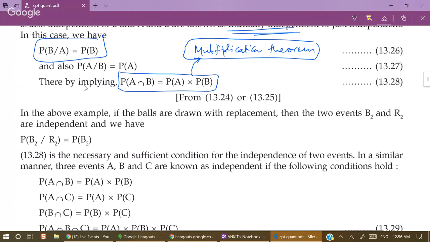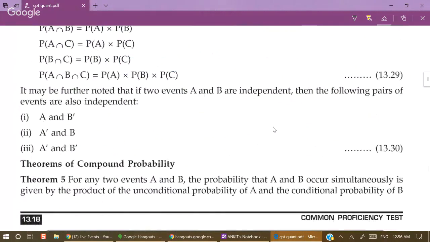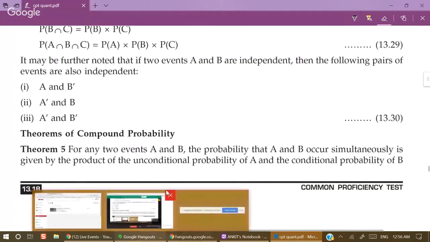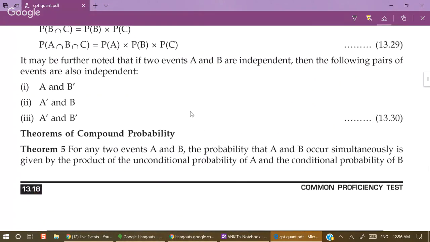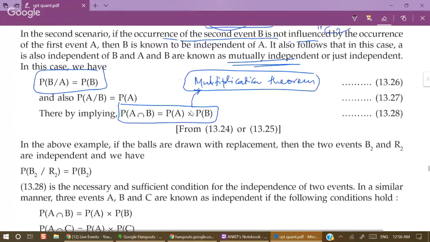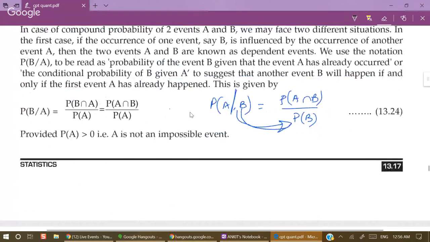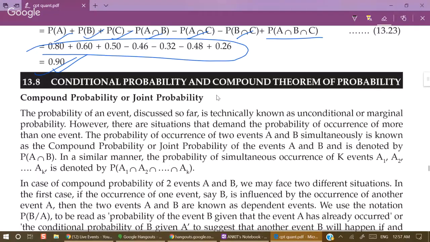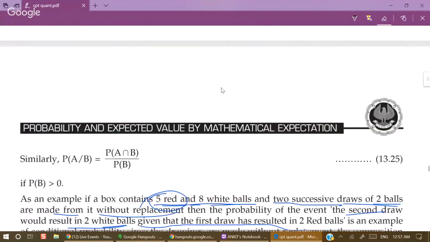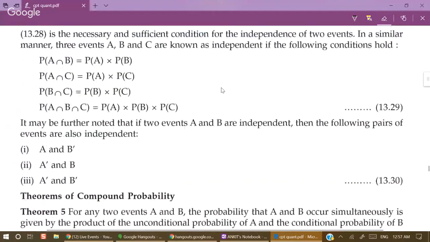In the above example, the balls are drawn with replacement. Now we are moving to a completely new topic: compound probability, conditional probability and the compound theorem of probability. As I said, the video will end at 1 or 2 a.m. Today I am concluding this video.